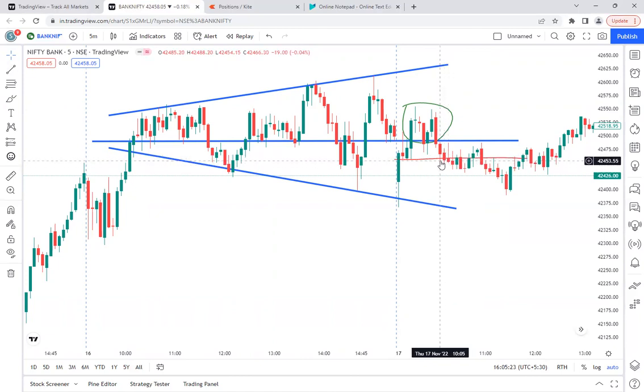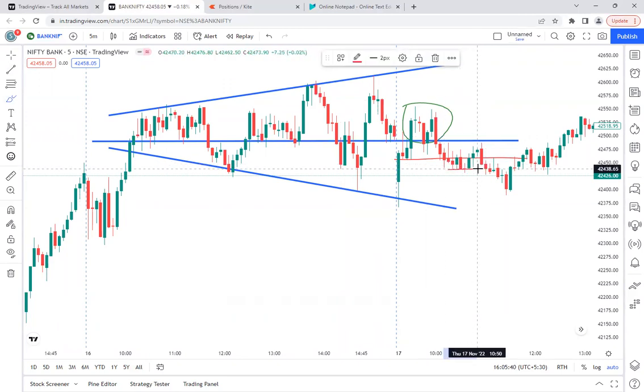The first attempt was here, they made a spike. The second attempt was here also, but they closed it above this candle low, so that is also a spike. After this, all the selling that is happening is closing in the spike zone. That's the reason I did not take the sell position.